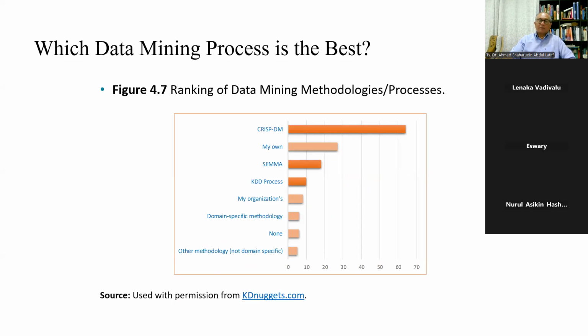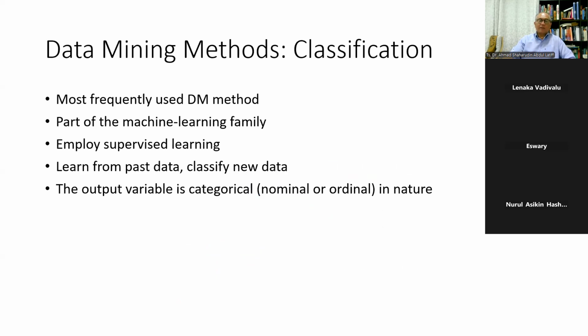Okay, these are some data mining processes, and then we start with one method. We call it classification. Classification is the most frequently used data mining method, normally used for categorizing data.